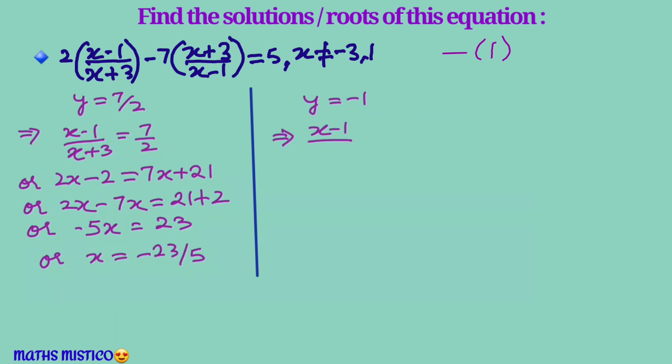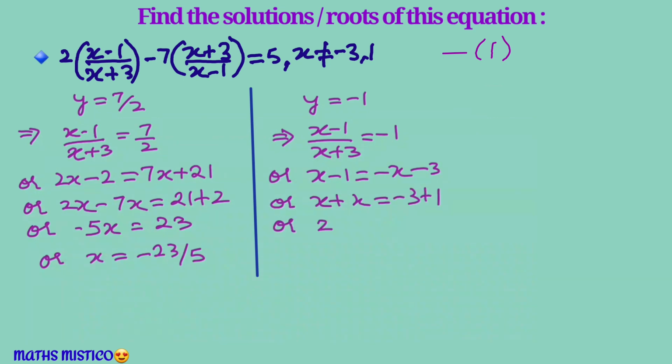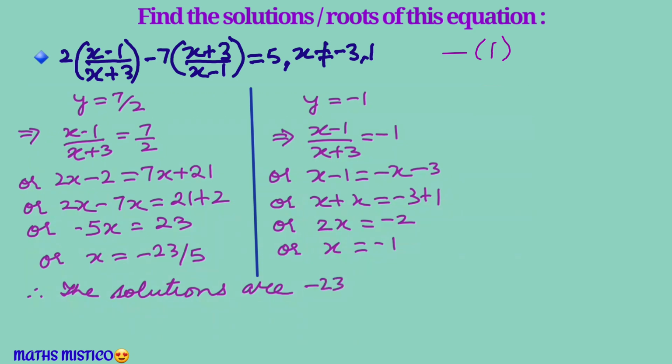Similarly, y equal to minus 1 gives us x minus 1 equal to minus x minus 3, or 2x equal to minus 2, or x equal to minus 1. So x equal to minus 23 upon 5 and x equal to minus 1 are the roots of the given equation. It was a little tricky question, but if you practice such questions, it will become quite easy for you.